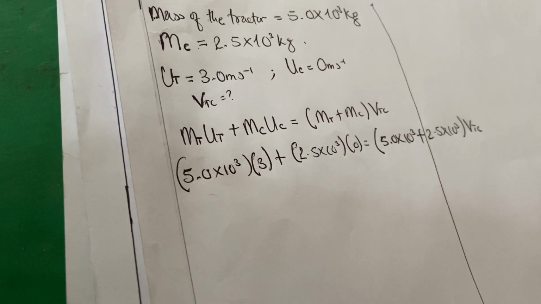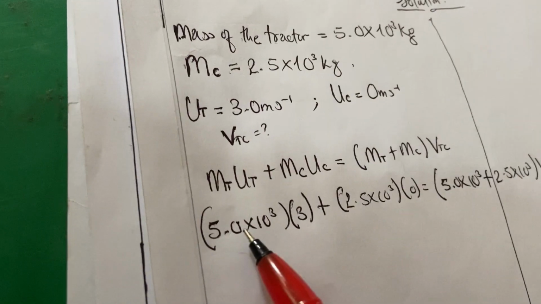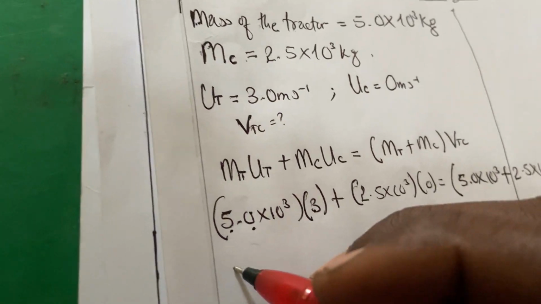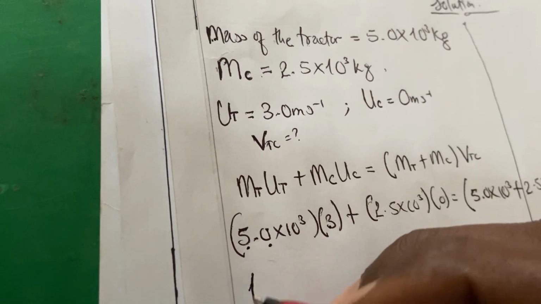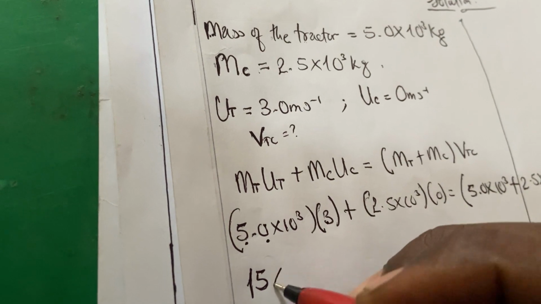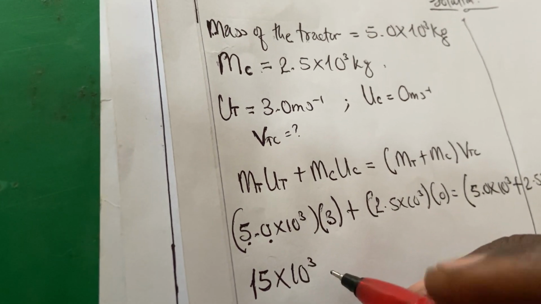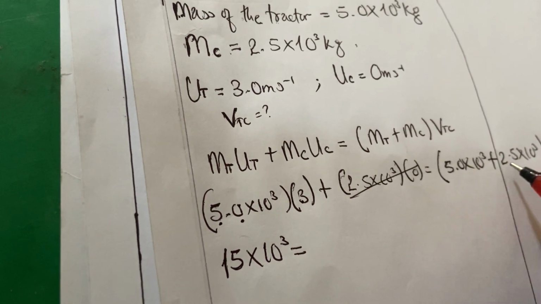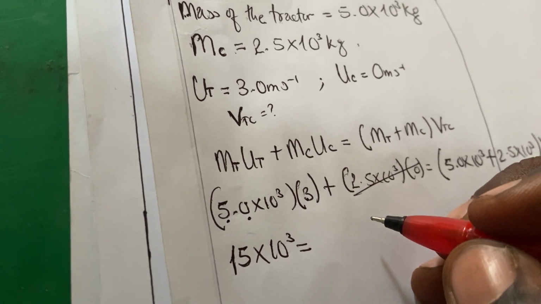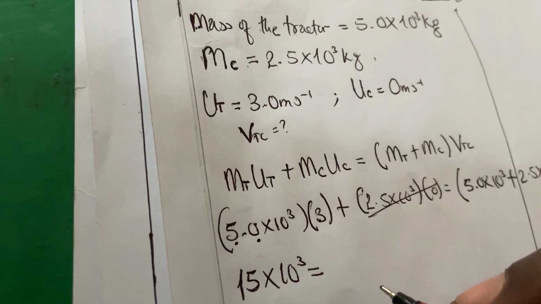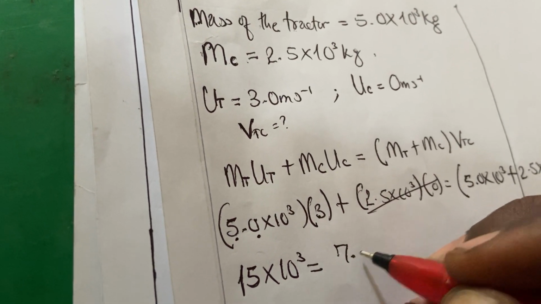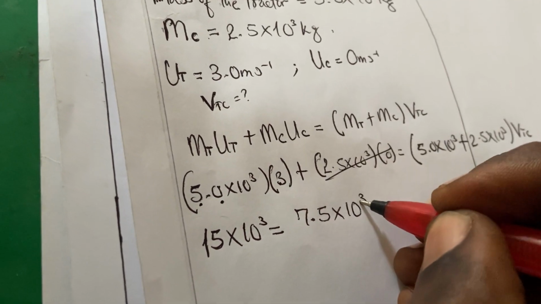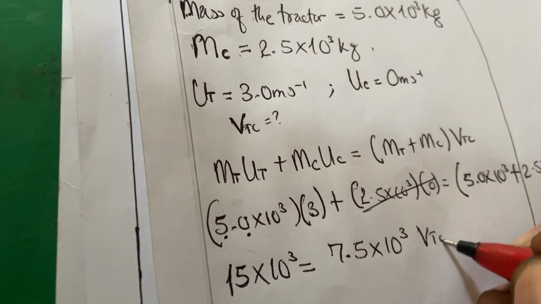The solution to 3 times this will give me 15 times 10 raised to power 3. This is automatically 0. 5.0 plus 2.5 will give me 7.5 times 10 raised to power 3 VTC.